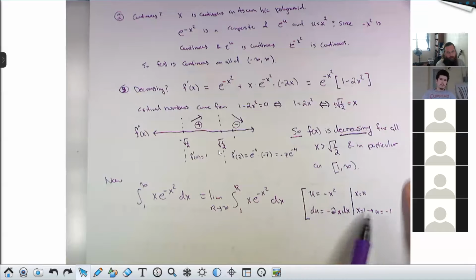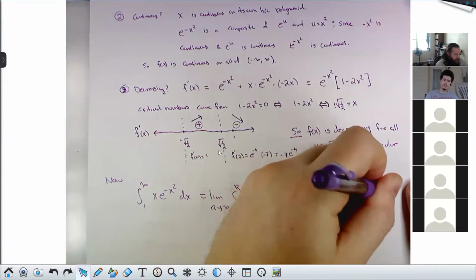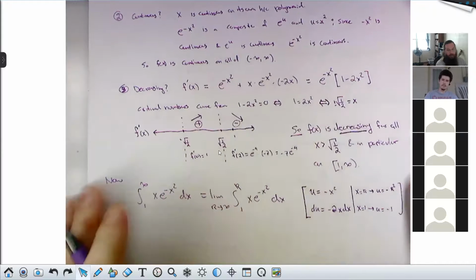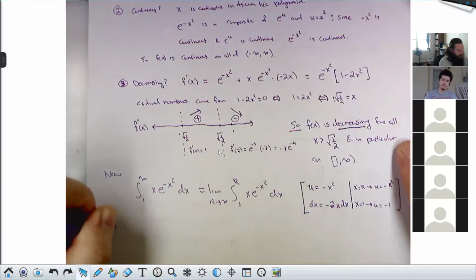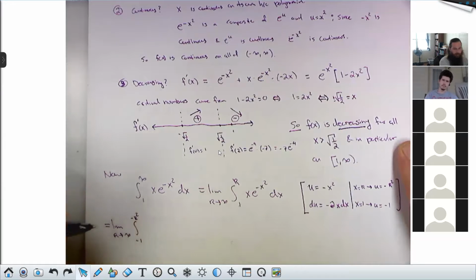So when x is 1, u is -1. And when x is r, u is -r squared.